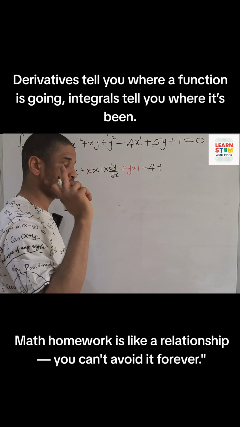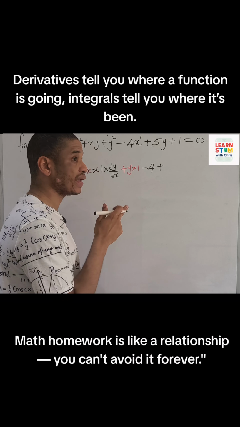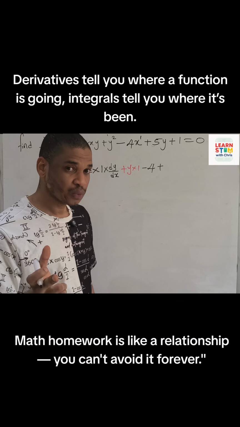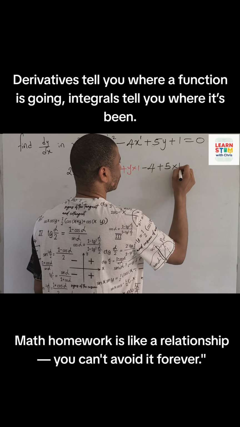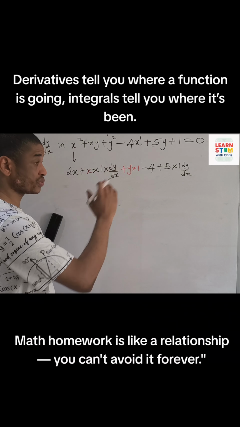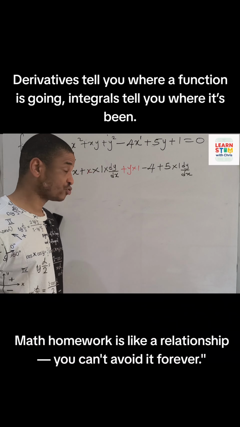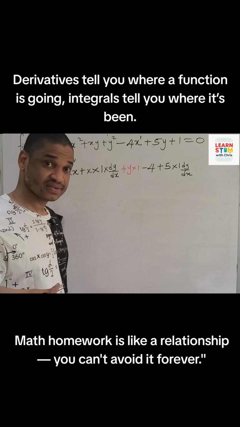Remember what we said? Whenever you differentiate y, you always add dy/dx. So this is 5 times 1 dy/dx. I'm just putting 1 there for your reference. You don't have to put 1, because 1 times anything is the same thing.